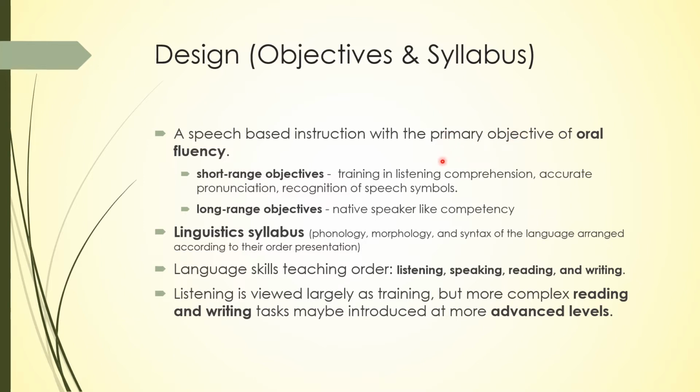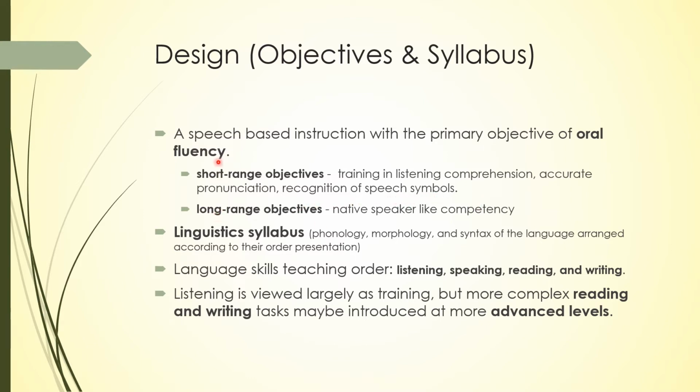So that's why two different objectives are identified under the audiolingual method: one is short range objectives and another one is long range objectives. As we know, it is designed to have quick success in language learning in the 50s. So the short range objectives can be achieved by training in listening comprehension, accurate pronunciation, and recognition of speech symbols.